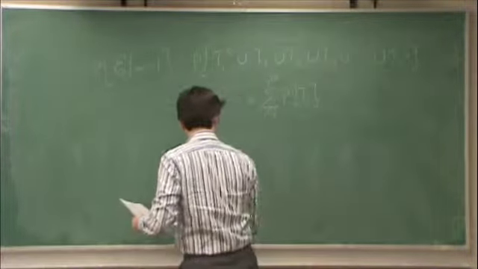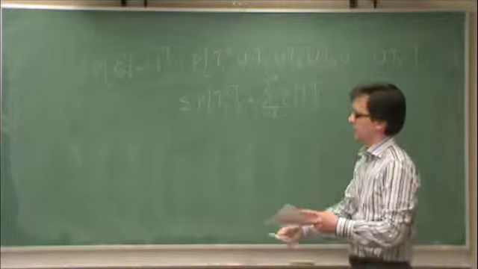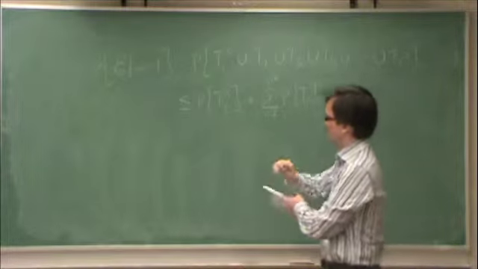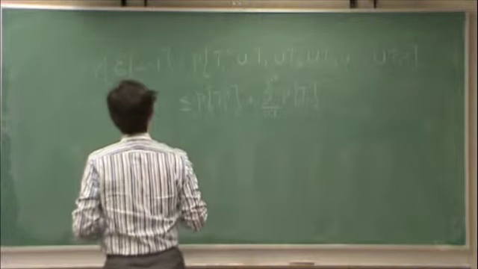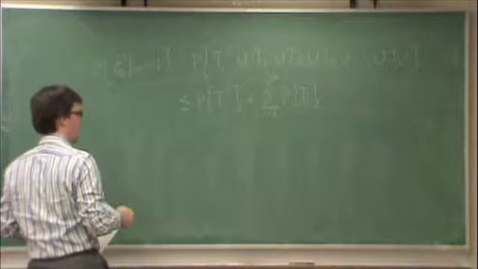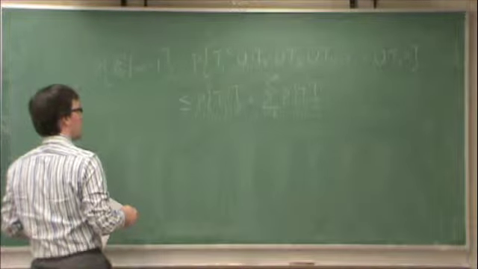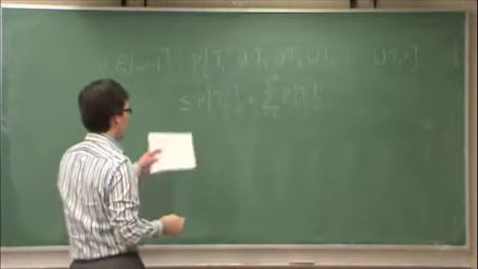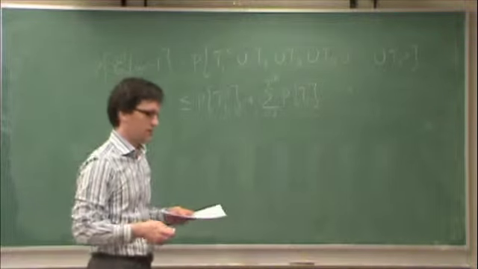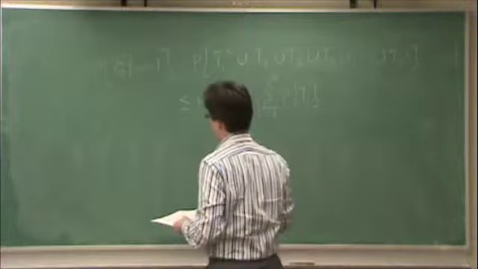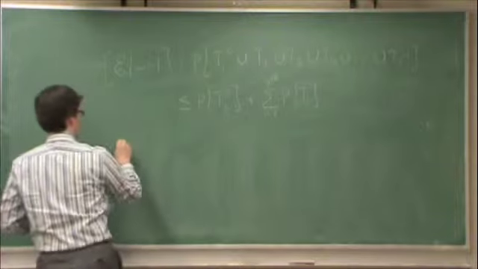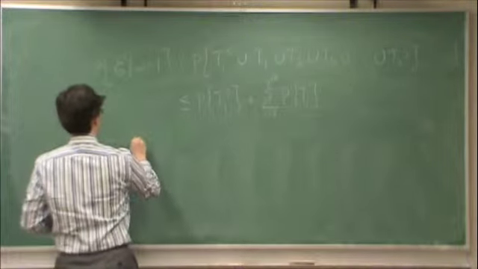Last time we showed one of the properties of joint typicality: the probability of not being in the typical set, if x and y occur together, goes to 0.